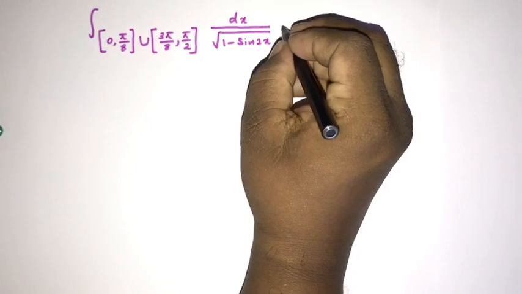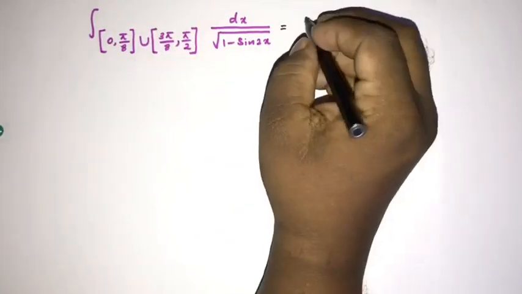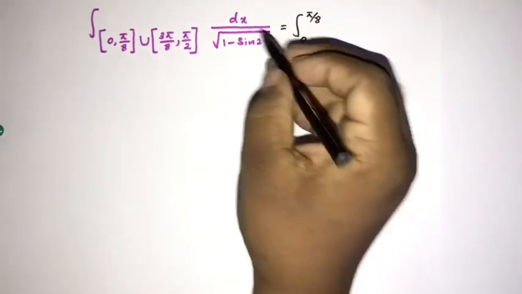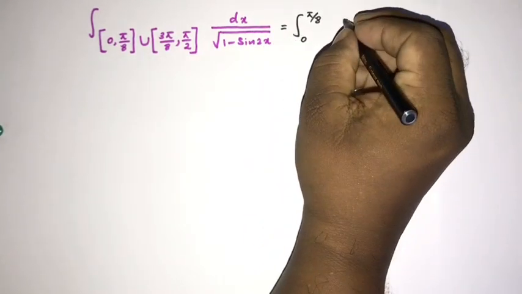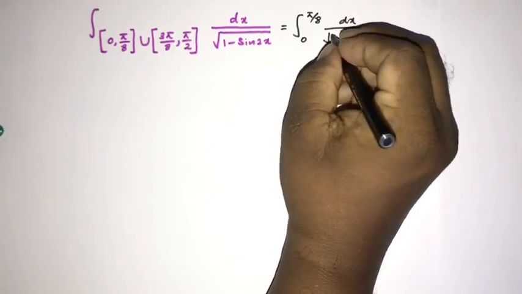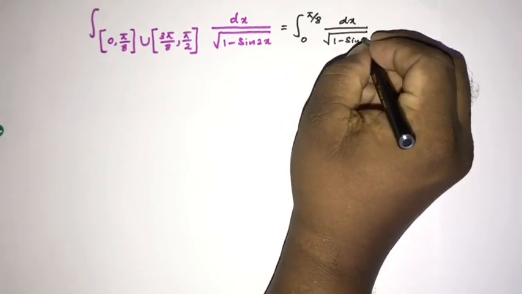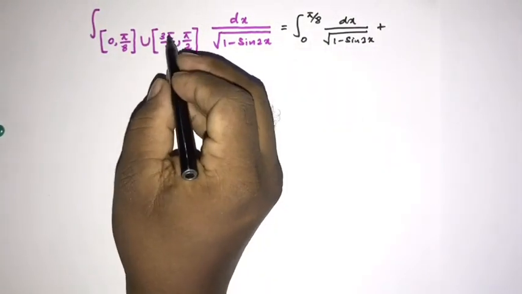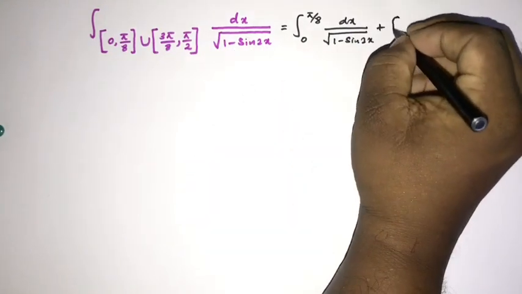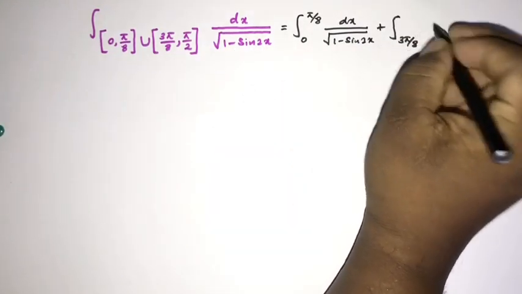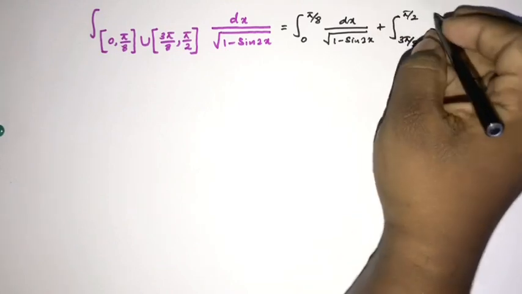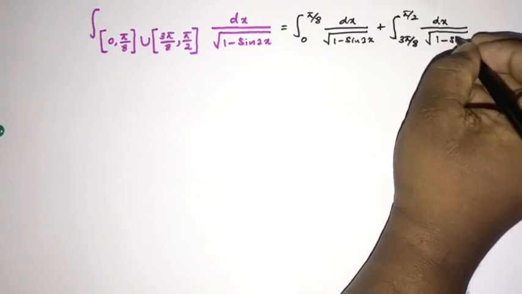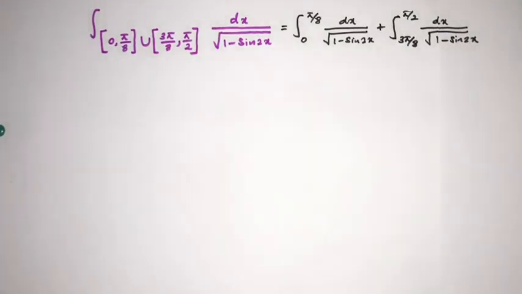We can write this as the integral from 0 to 5π/8 of dx over the square root of 1 minus sine of 2x, plus the integral from 3π/8 to π/2 of dx over the square root of 1 minus sine of 2x.